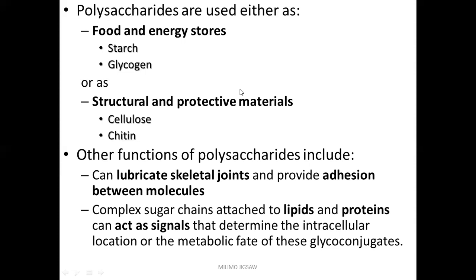So polysaccharides can act as storage materials, such as starch and glycogen, and as structural and protective materials, such as cellulose and chitin. We're going to see some other examples under structural as we go further. Other functions are lubrication of skeletal joints and acting as signals when attached to lipids and proteins.